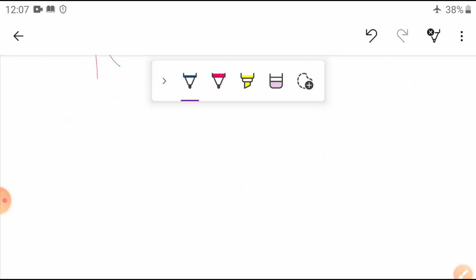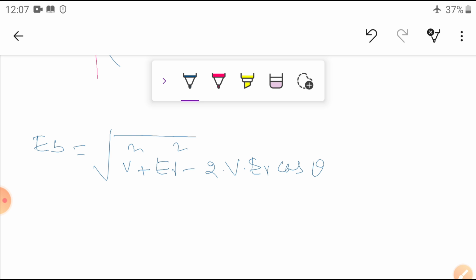Under normal condition, case 1, we are going to get EB equal to the root of V squared plus ER squared minus 2 into V into ER into cos theta. Theta is the angle between ER and V. Sometimes we say theta is called the impedance angle.